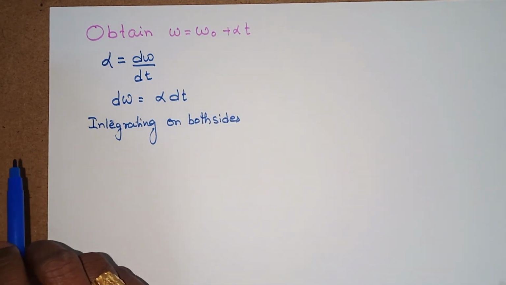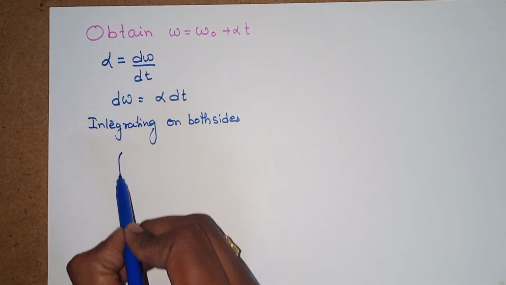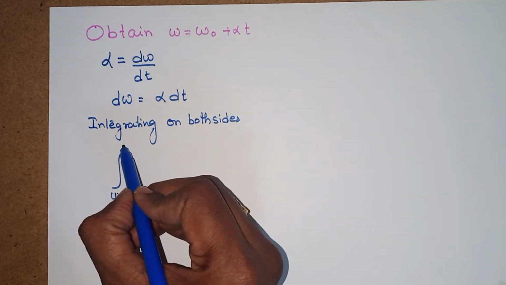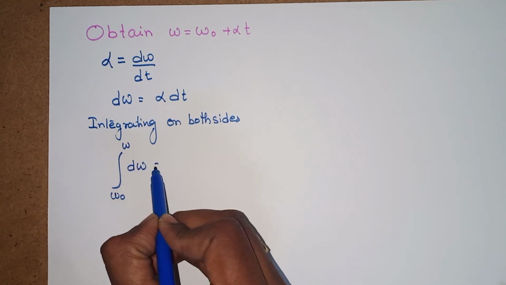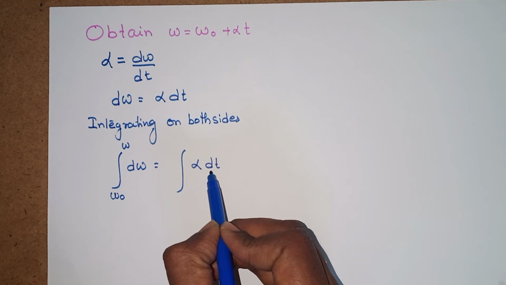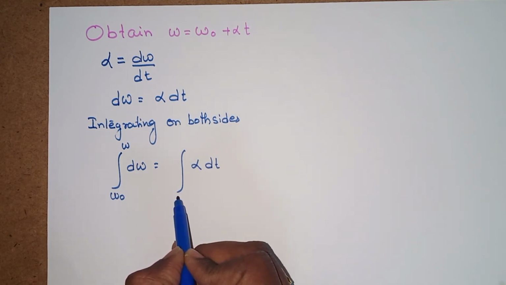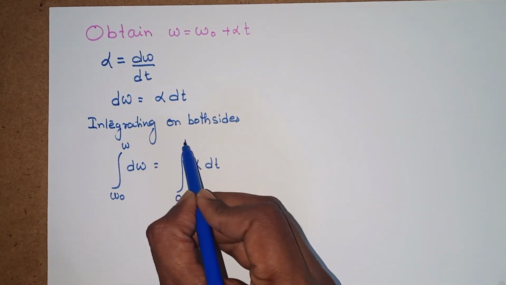The initial angular velocity omega naught to omega for d omega, equal to alpha dt, with time limits from the initial time t naught, which is 0, to time t.